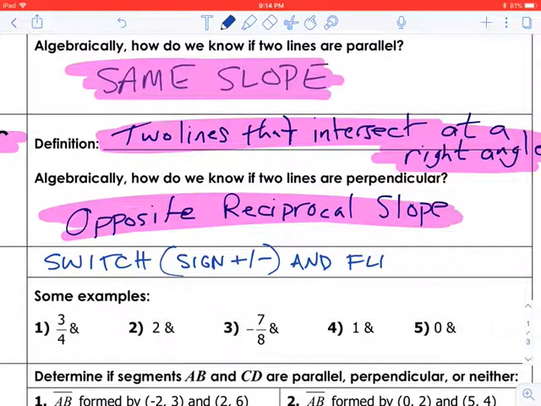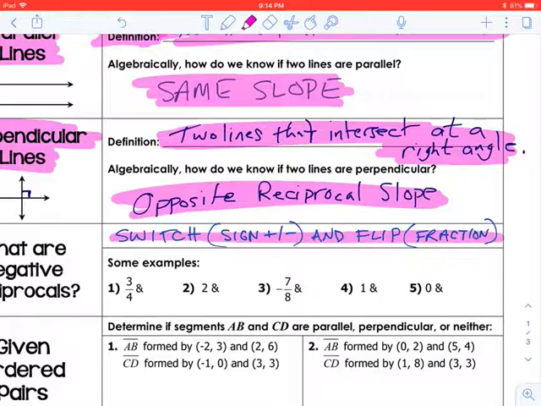I always say switch and flip, because it sounds like Harry Potter for some reason. That's what we need to do when we are trying to find the perpendicular slope. So there's the difference: parallel is the same, perpendicular is switched and flipped.